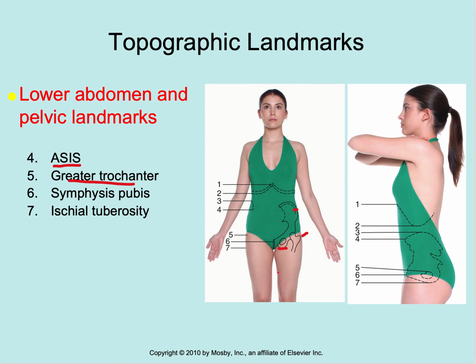And our ASIS is a palpable landmark, and we can palpate for it. So the takeaway on here is don't palpate for the ischial tuberosity. You just need to know where it is. Your symphysis pubis, you need to know where it is. It is a palpable landmark. You just do not palpate for the symphysis pubis.